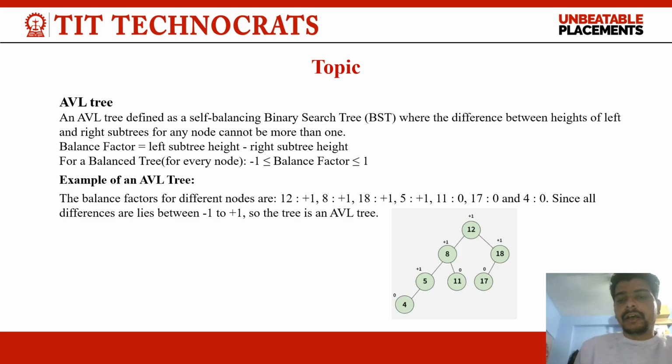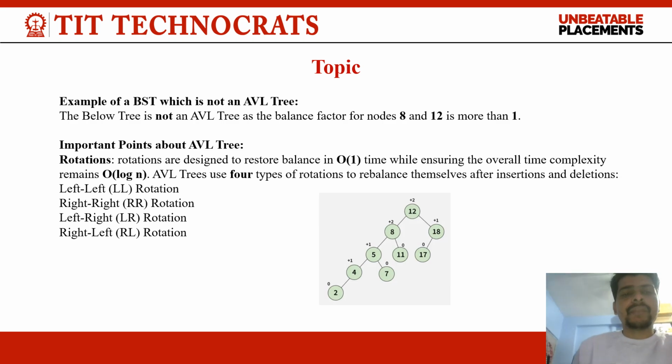So here is the example of an AVL tree. Now we go to the second slide. Example of a binary search tree. This is not an AVL tree. We can see this tree is not an AVL tree, because for some nodes the balancing factor is more than 1 or less than -1. We have to notice that if the balancing factor is less than -1, it will be -2, and more than +1 will always be +2.